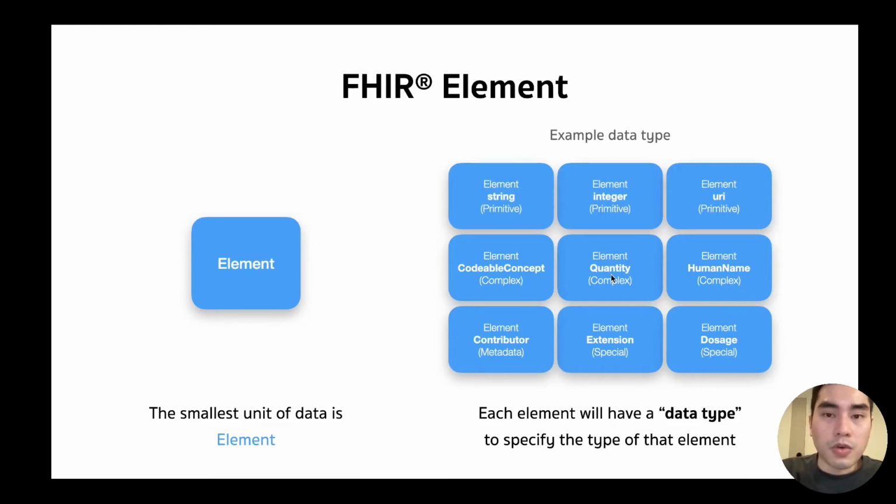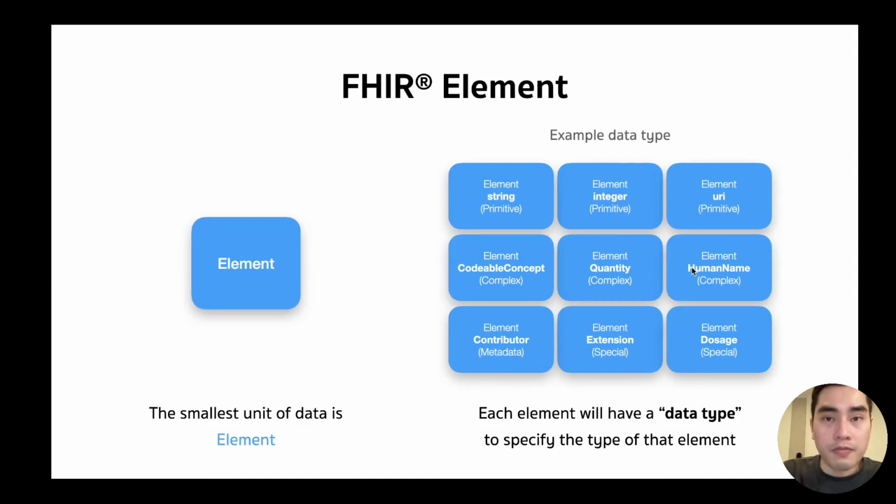To tell the quantity of something, we have to have two values, at least. One is the value, the number of the quantity, and the second is the unit. For example, 5 milligram. 5 is the value and milligram is the unit. So this is an example of the Quantity data type.